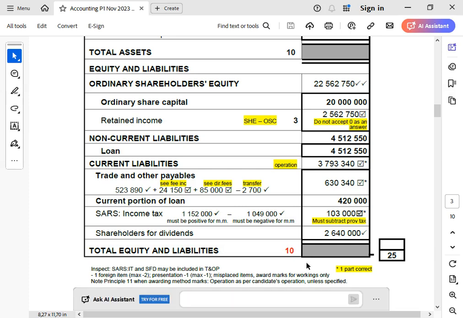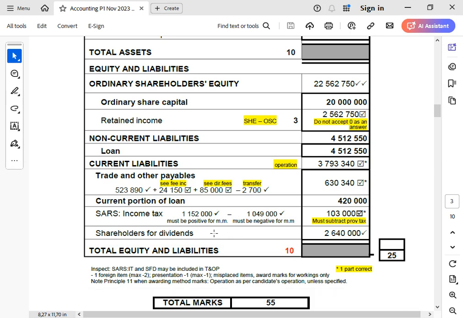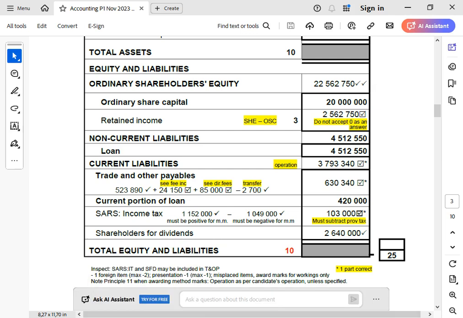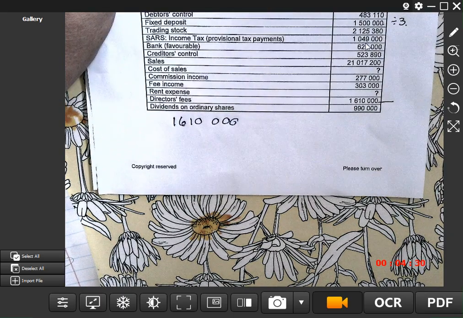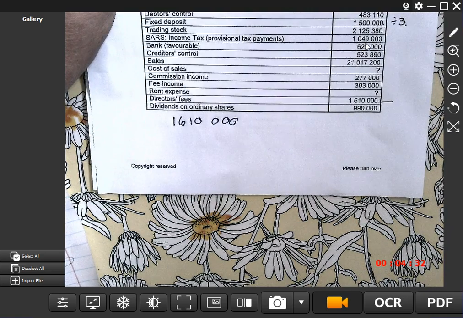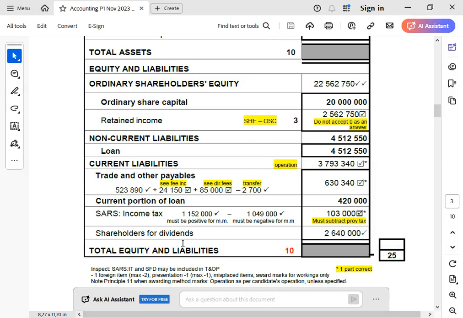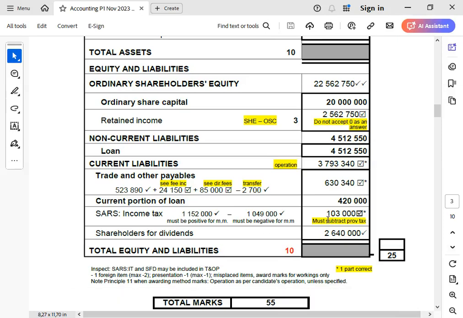So if you look at that 1.1152, and if you look at the trial balance here, can you see there is 1049? That's how much I already paid. Okay, but they tell me I still owe 103.